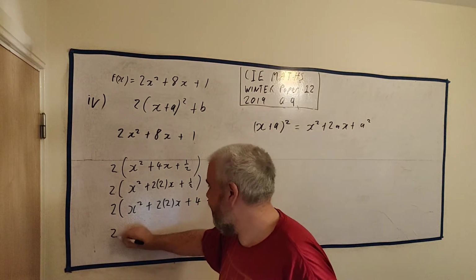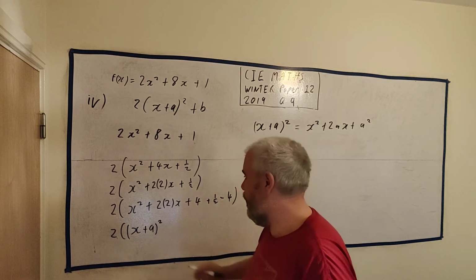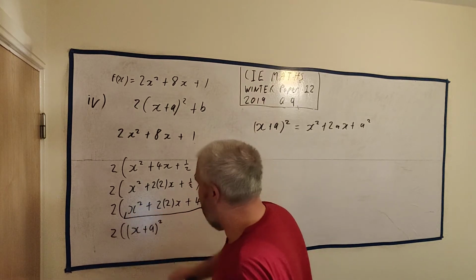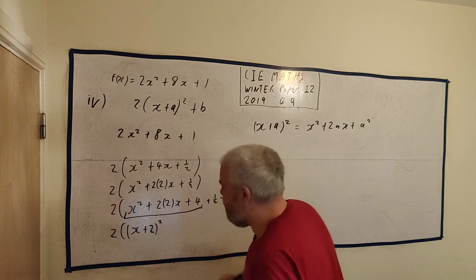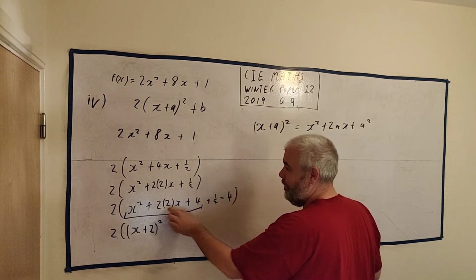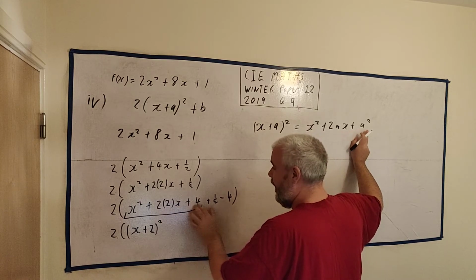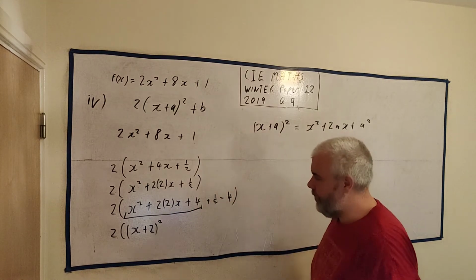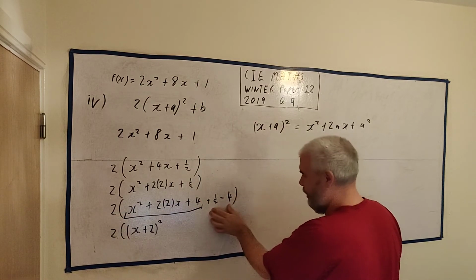So I can write this again: 2 times x plus a, squared. Instead of this guy here, this is just, sorry, not a. I don't need to write a anymore. x plus 2 squared. 2ax is 2x, a squared is 2 squared. And we're still left with 2 multiplied by, well, what's this put together?